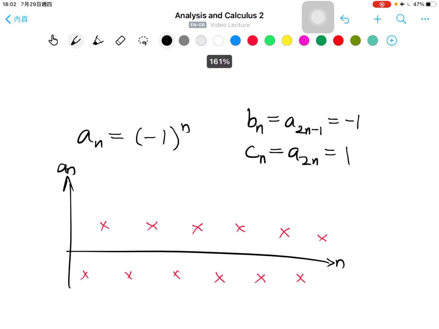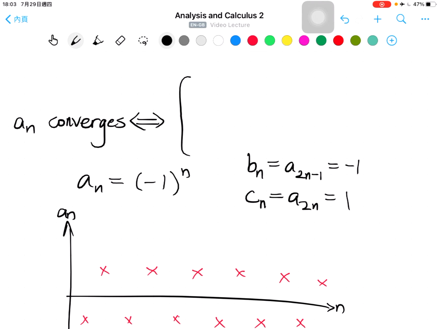For a sequence to converge, if a sequence converges, then, let me write it this way.